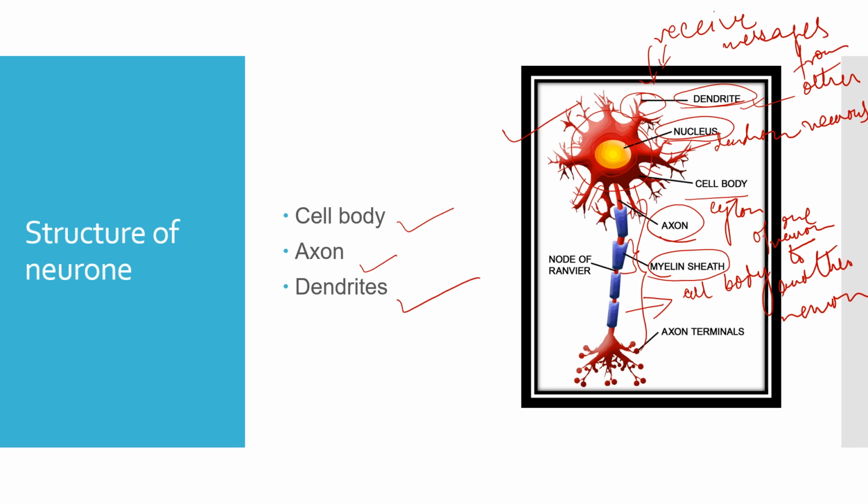Messages travel along the nerve cells in the form of a wave of chemical disturbance. This wave of chemical disturbance is called an impulse.